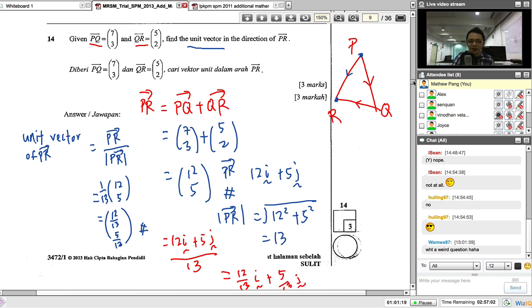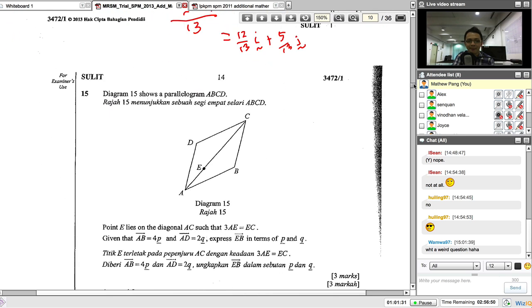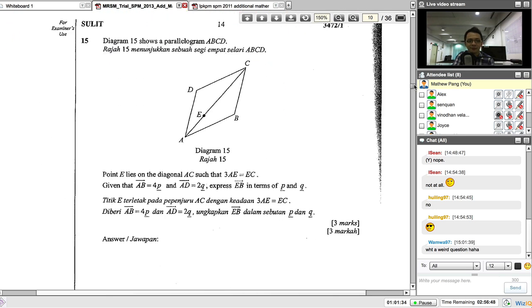This is the unit vector. So make sure you remember the unit vector formula. It's not really hard. Just put the vector on top, and the magnitude at the bottom means the length. It's very simple.